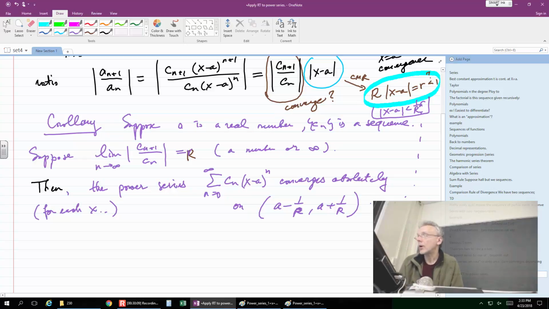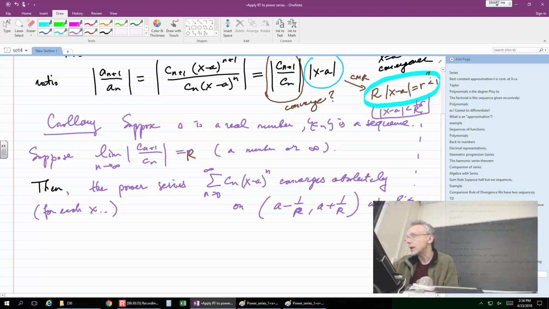That creates an open interval from A minus 1 over R to A plus 1 over R, and at each point within that interval, the series is convergent.